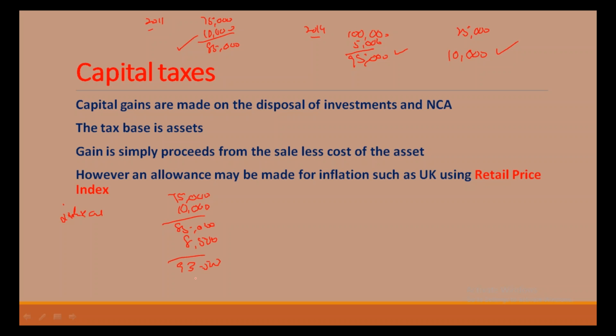Let's assume you are selling it for 100 and you have to incur 5,000 selling expenses. So 95. After indexation, your cost is not 85, now it is 93.5. Your selling net price is 95. Capital gains is only 1,500.